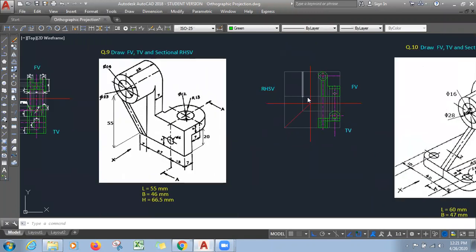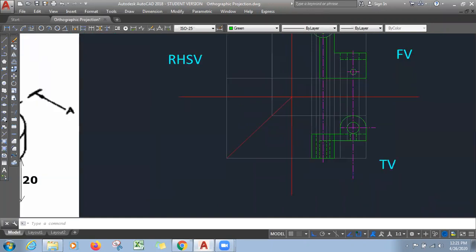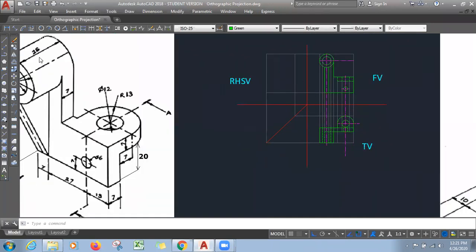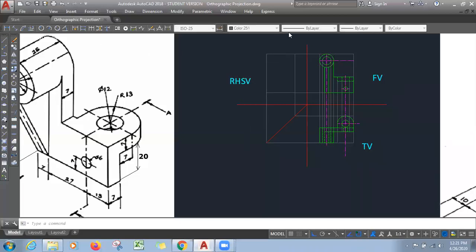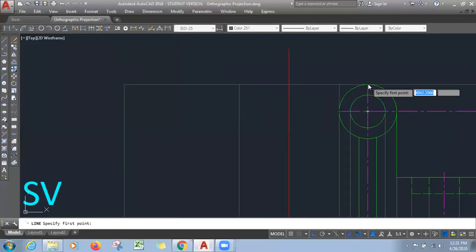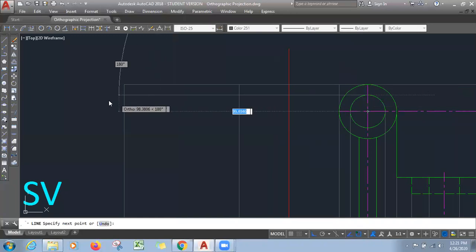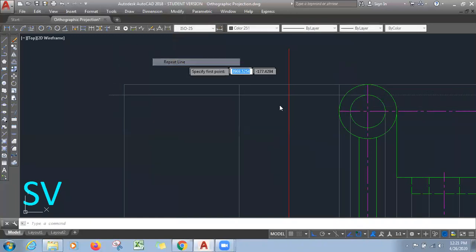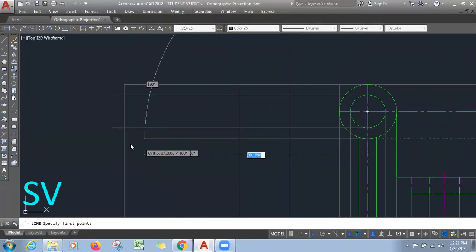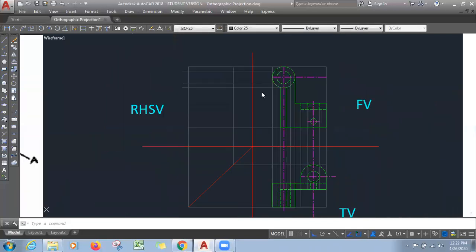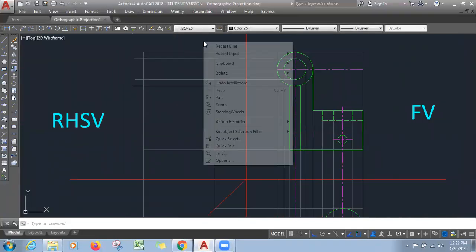Now for the side view, we will have projection from the front view and the top view. Let me change color first. I will take a line. From this point I will draw projections. Repeat from this point, then from this point we will draw.